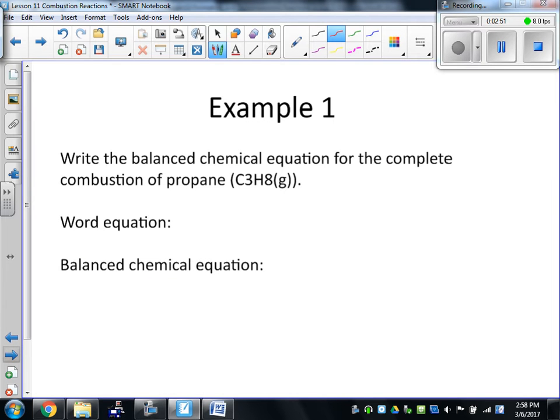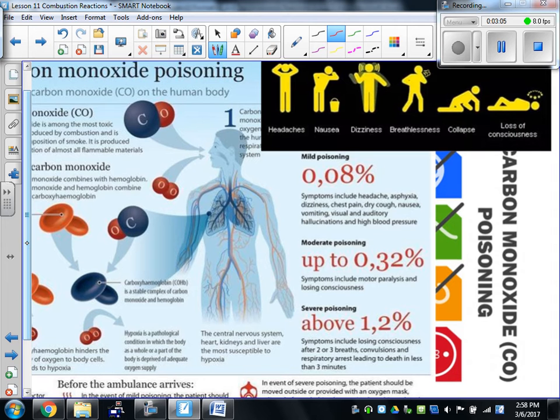If you don't have complete combustion, what you get is carbon monoxide, CO. CO, of course, is very dangerous. It affects your central nervous system, and that's what this slide tells you. It's the most toxic product of combustion, and it can kill you.